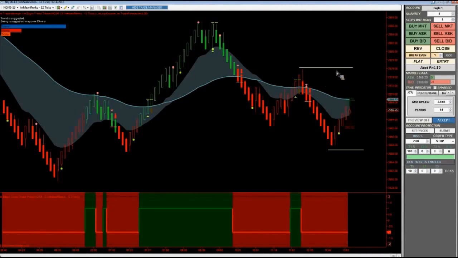So let's say, for instance, that this trade from here to here is worth $300. That means you are only going to trade one contract. If this trade from here to here is worth $600, but you can only afford to lose $300, then you're not going to take this trade.